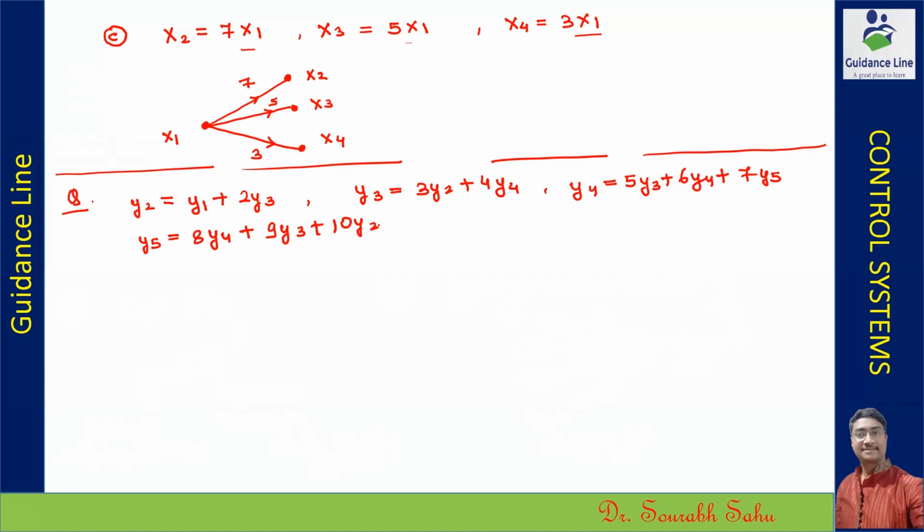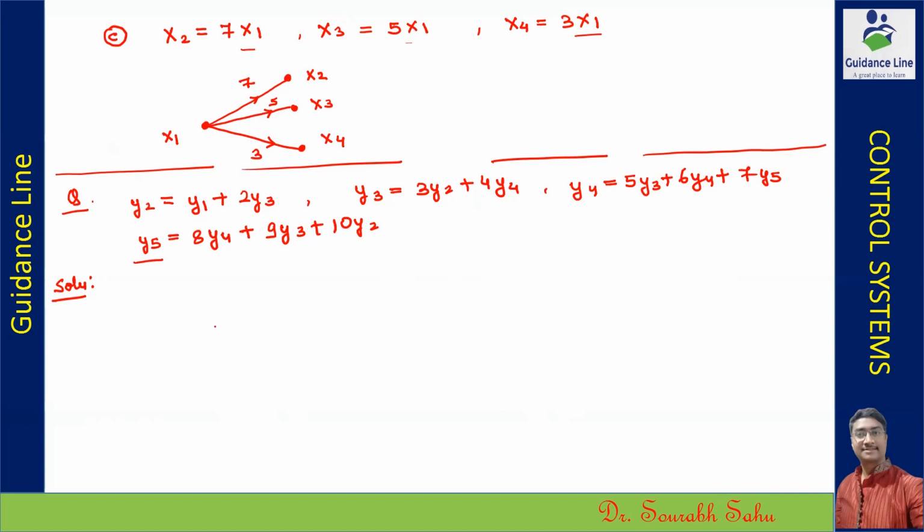So now we have these equations given in the form of nodes, which are represented by the symbol y. It is quite easily observable that y5 is the output node and y1 is the input node.